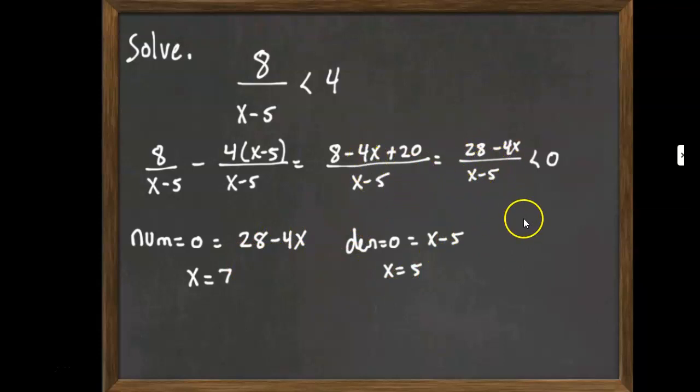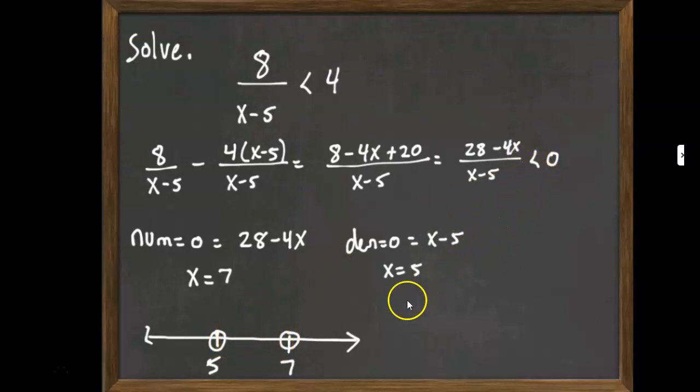Okay. Now we go and solve the inequality. So we plot those values on a number line. Because the inequality is less than, without the bar, they're automatically not going to be included. If this had been less than or equal to, with the bar, then we would have included the 7 because that made the numerator 0, and therefore the whole thing 0.